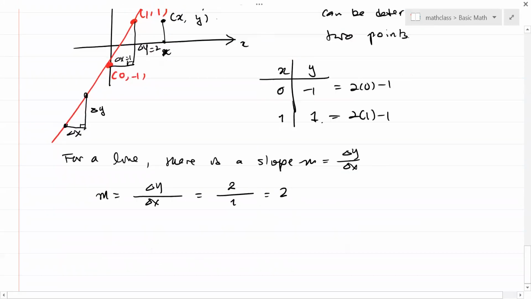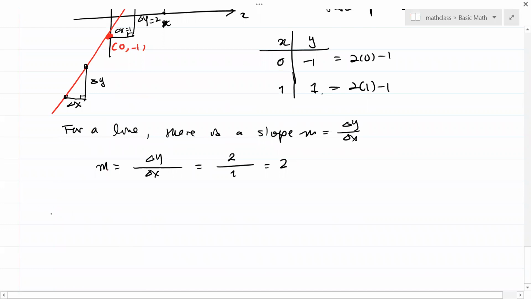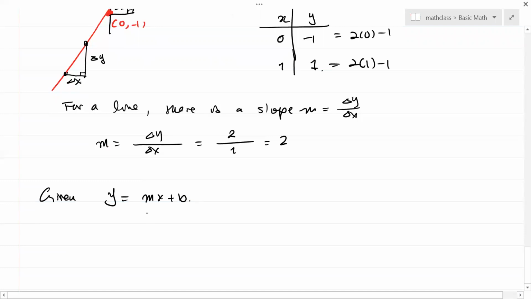So we can see that given an equation mx plus b, m is going to be the slope of the line.